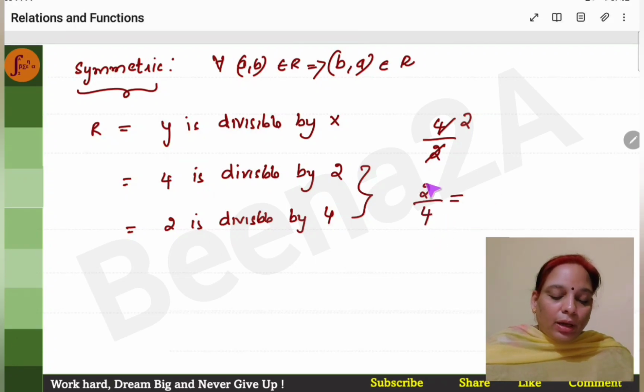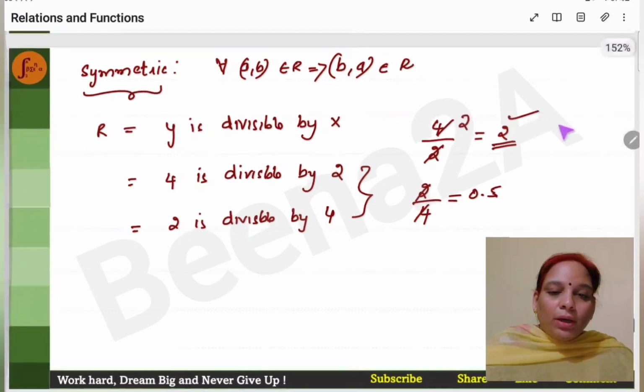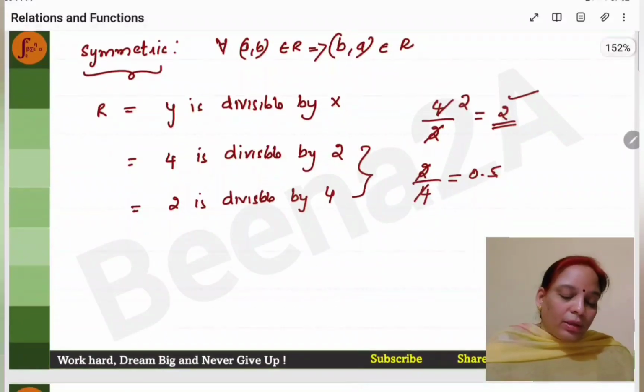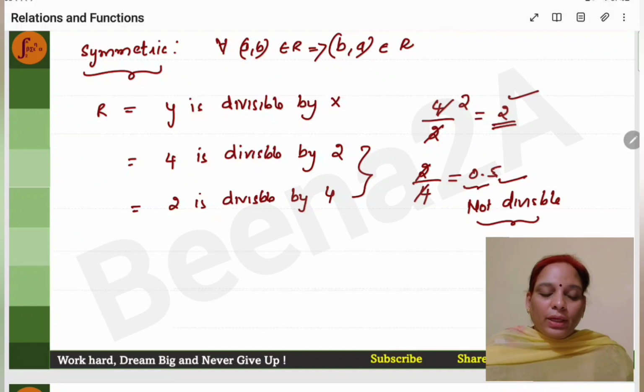This will become half. It will become 0.5. And here you get 2, the whole number as the answer. But here you get a decimal. This means that it is not divisible. Whenever you get a decimal point, it means it's not divisible. Simple. So if you take 4 divided by 2, you get 2.